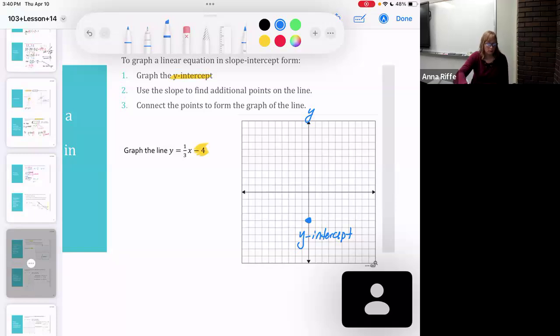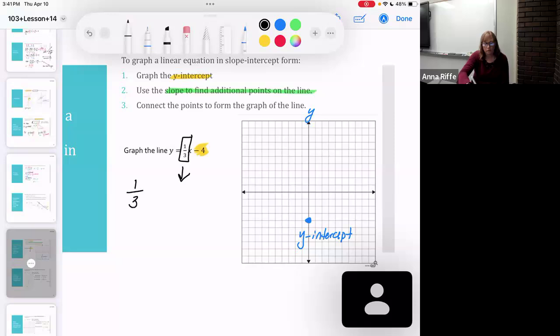Now that I have 1 point on my line, I can use the slope to find additional points on the line. So let's find maybe a couple of additional points for this line. Let's determine the slope first of all, in terms of rise over run. So you told me that the slope was 1/3.